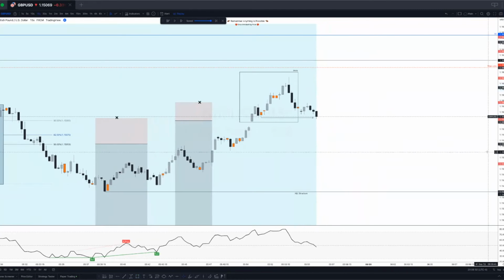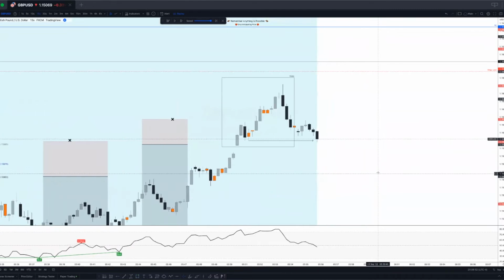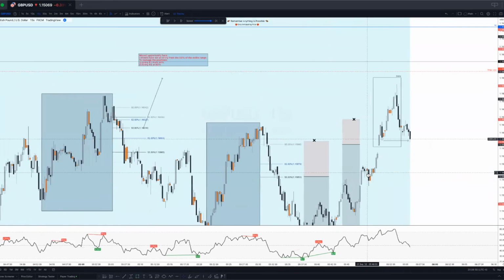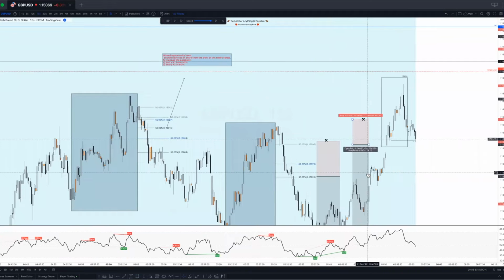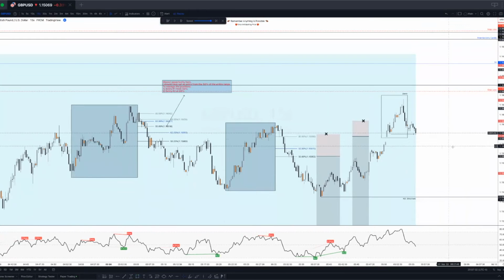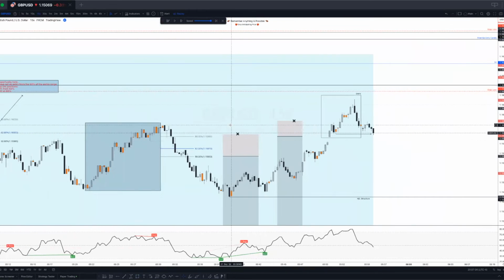It's ugly, but it happened. Still bearish, not bullish. Okay, and this is my target. So if I take the range from here to here, I'll take it at 50.